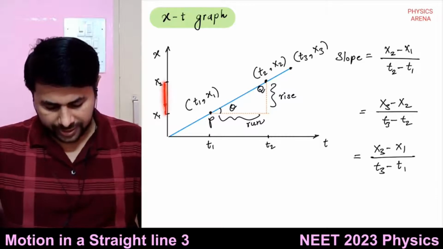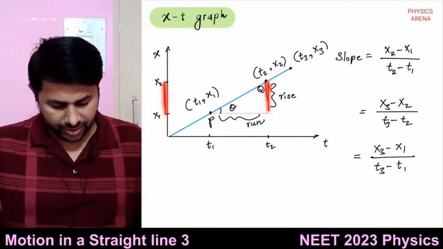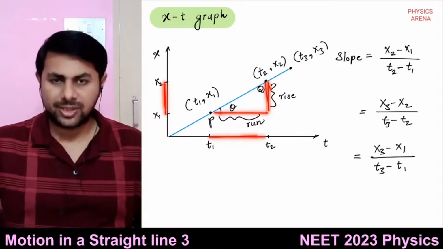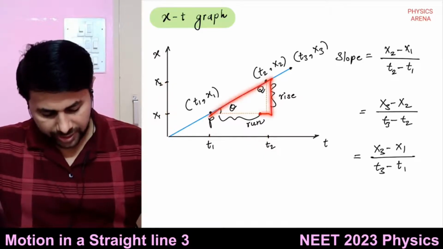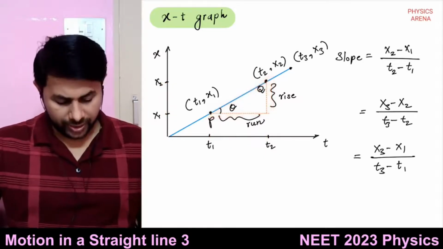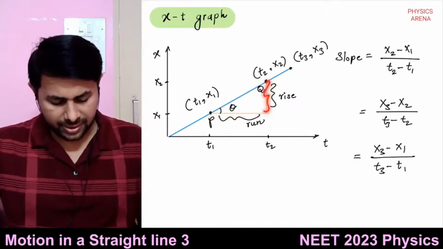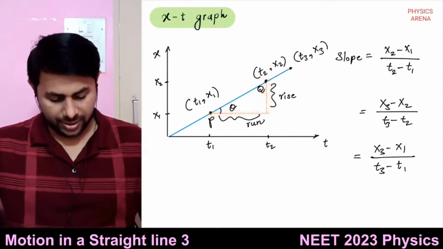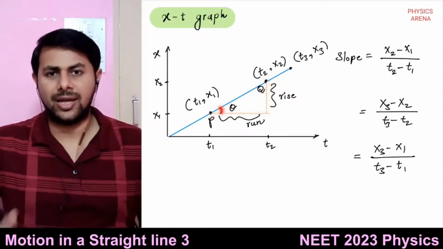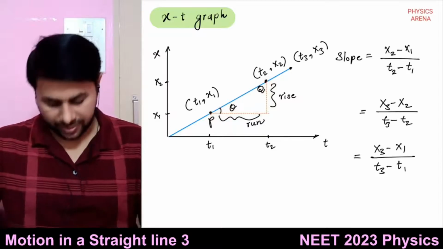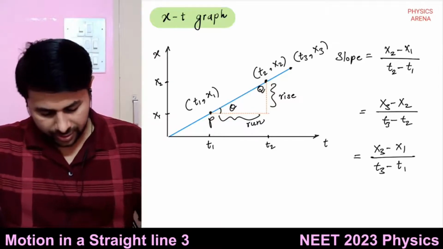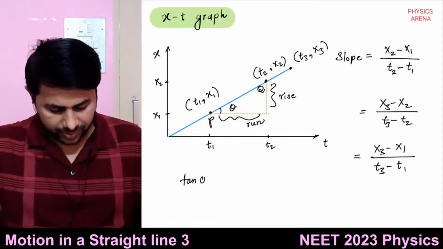So x2 minus x1 is this much distance, t2 minus t1 is this much distance. In this triangle, it is the opposite side divided by the adjacent side. So in terms of this angle, it is equal to tan theta, right?